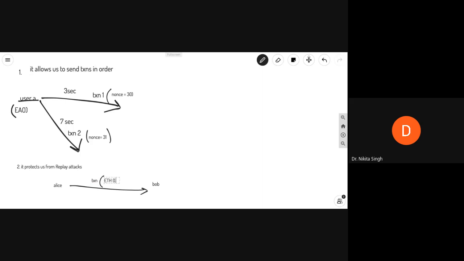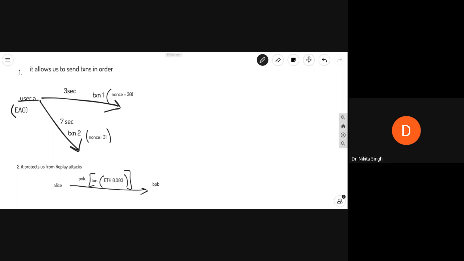Say you are transferring 3 ether. We know the drill. She will sign the transaction with her private key because she has to spend the funds. So she signs the transaction with her private key and sends it to Bob.